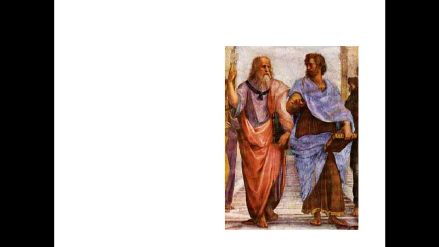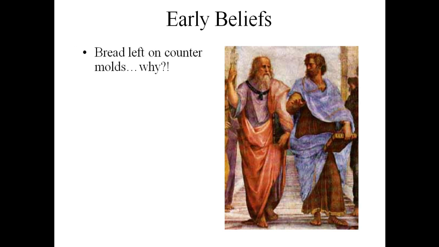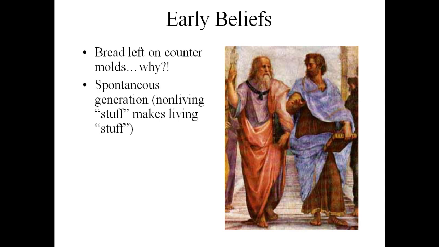Now, when you look at the history of being able to identify things as being alive or not, it started with a guy that you probably should be familiar with, whose name is Aristotle. He came up with this idea called spontaneous generation. Basically, what it said was if you have some non-living material, and it has to be the right material under the right settings, that non-living material can give rise to something that's alive.